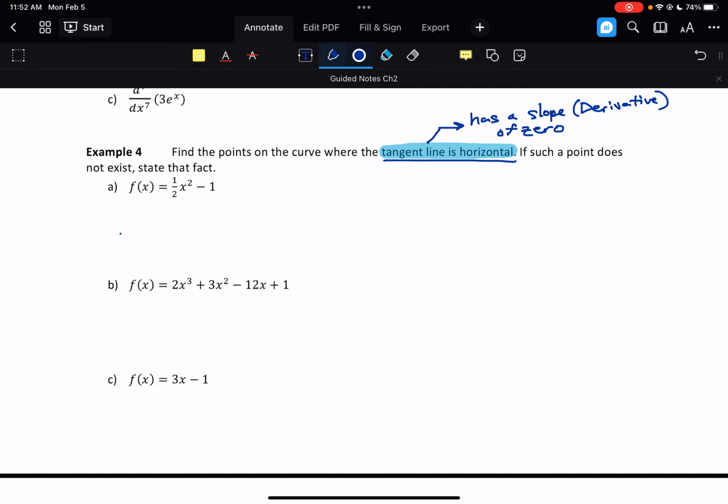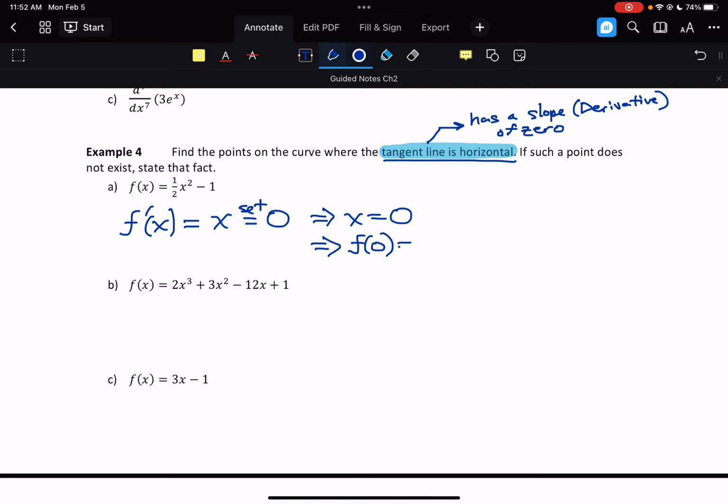So first we take the derivative. So like for this one, power rule, we bring down the 2. The 2 cancels with the 1/2. So this is just x minus 0. Derivative of 1 is 0. We're going to take this result and set it equal to 0. So the only point where the derivative is 0 is at x equals 0.